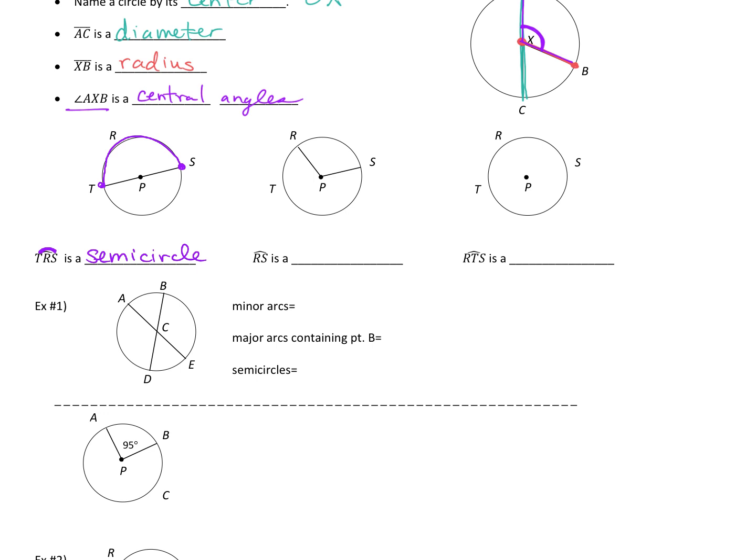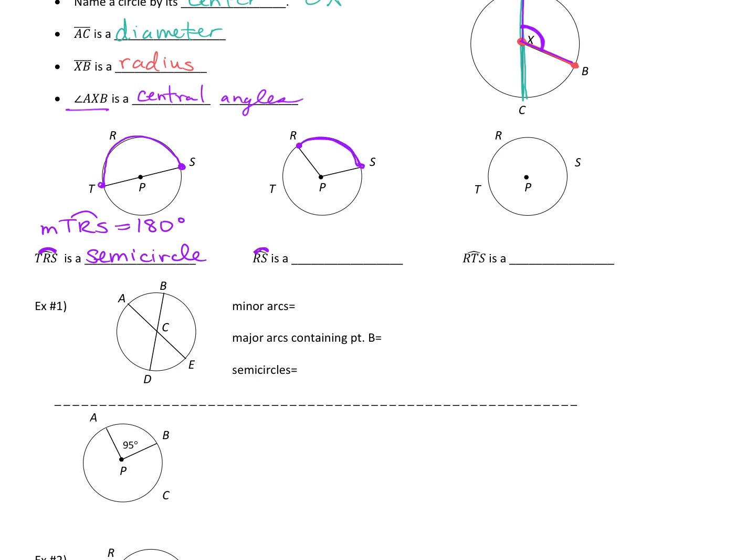Anyone know the measure of a semicircle? How many degrees? 180. It's 180. So the measure of arc TRS is going to be 180 degrees. It's half of a circle. A circle is always 360.